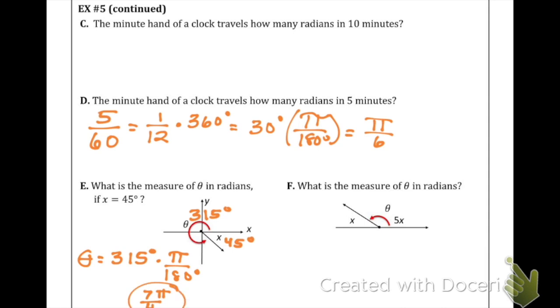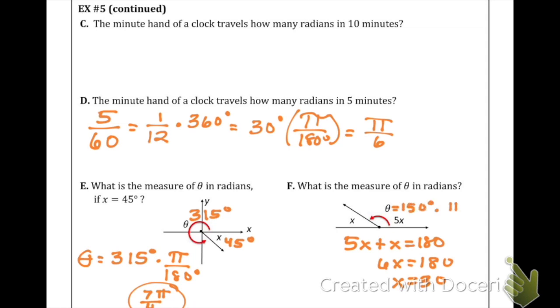And for F, what's the measure of theta in radians? So together, I guess we gotta solve for x first, so 5x and x should make 180 degrees. So that gets us 30, right? 180 divided by 6 is 30. So that means x is 30, which means theta is 150 degrees.